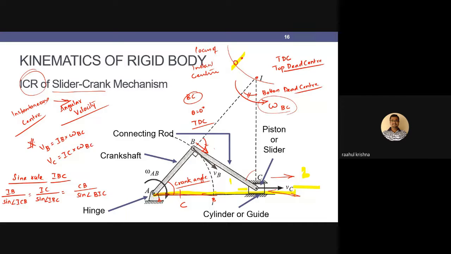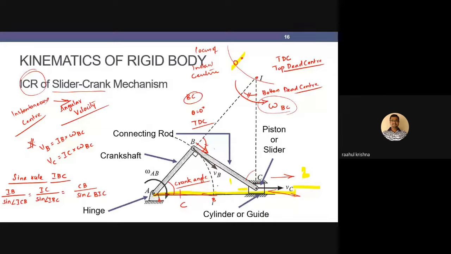Now this vector IB that I have drawn, what should be the direction for IB? What should be the direction for IC? Understanding that is very important for solving problems of ICR. When I have the link and the velocity VC, the angular velocity will be perpendicular to the direction of my plane.